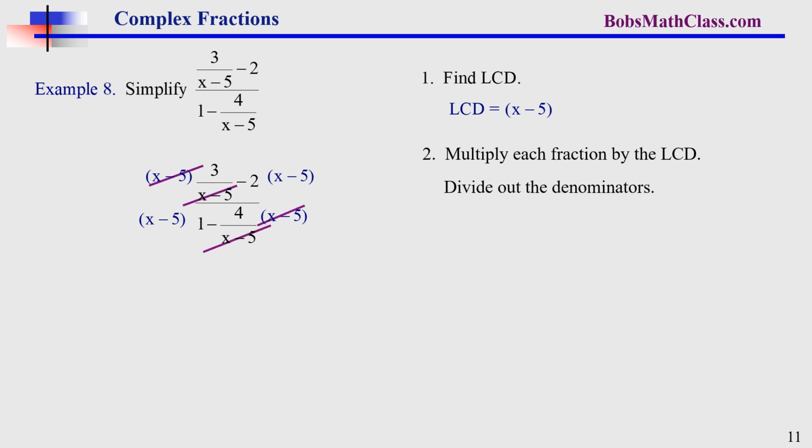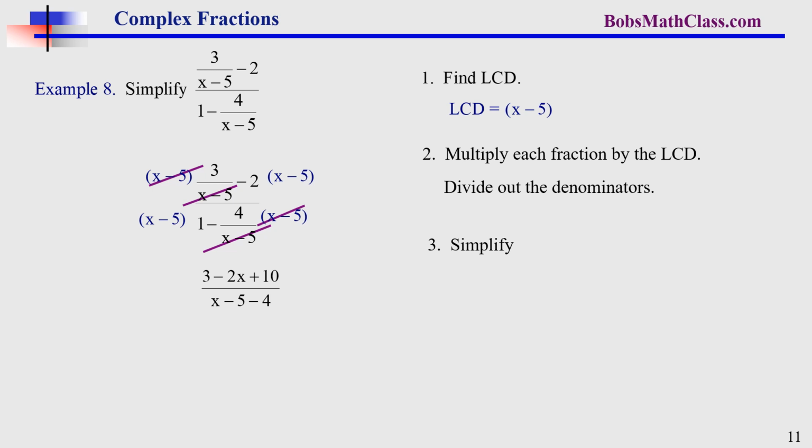And then distribute the negative 2 and the 1 on the bottom. So on the top, just the 3 is left. And then distribute the negative 2. There's a negative in front, so don't forget the negative. So negative 2 times x is negative 2x. And negative 2 times negative 5 is positive 10. So that's the top.